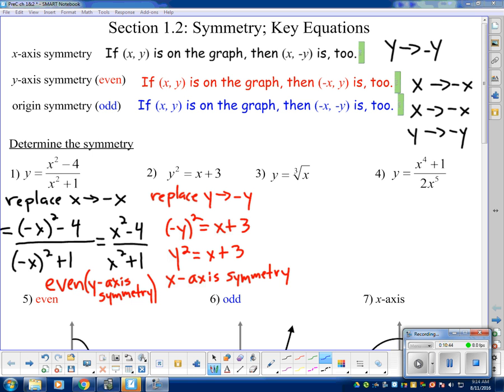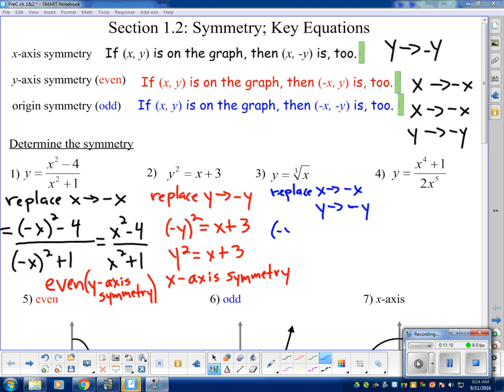But if I replace both, the negatives will cancel and keep it the same. So, like I said, if you're not sure, you just have to try each of these. It's helpful to just look at it first. Okay, I'm going to try replacing x with negative x and y with negative y, and then see what happens.